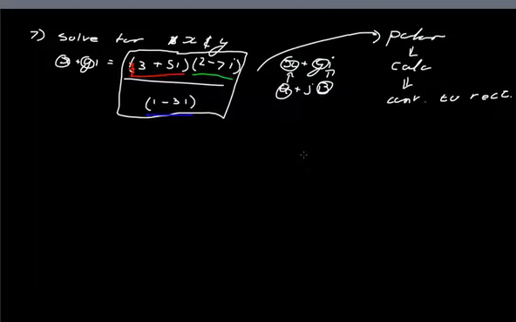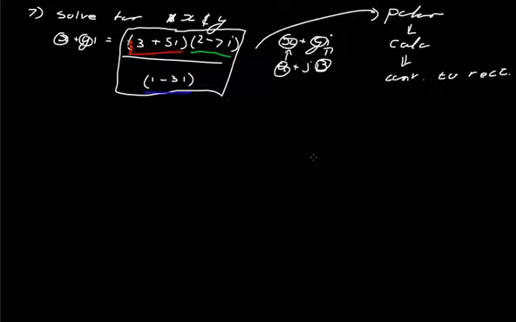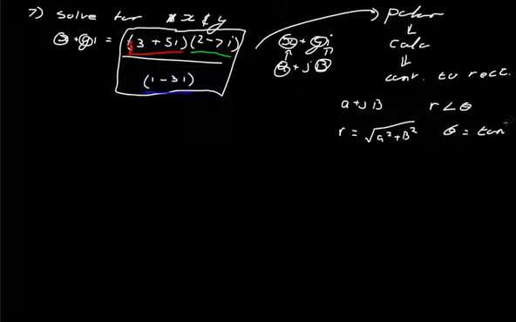So, how do we convert a number in rectangular form into polar form? Well, rectangular form is a plus jb, and polar form is r angle theta. And we know that r is equal to the square root of a squared plus b squared, and theta is equal to arctan of b over a.